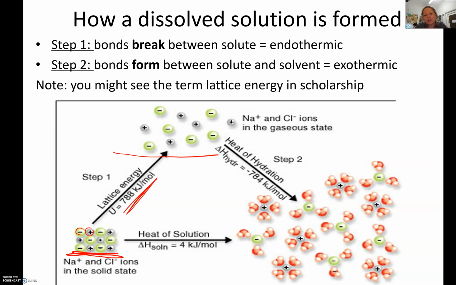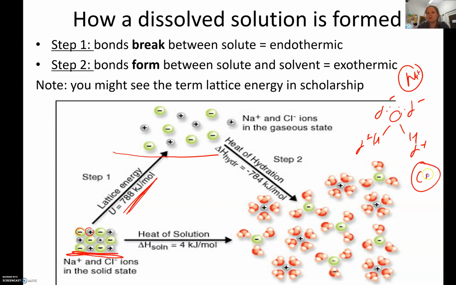And then the next step is actually to hydrate them, which is when we define them as being aqueous. Okay, and so this is when the water molecules surround the ions. So if you've got your polar water molecule here, we know that the oxygen is slightly negative, the hydrogens are slightly positive. So the oxygens will surround the sodium ions because they're positive, and the hydrogens will surround the chloride ions, and that's what you can see here.